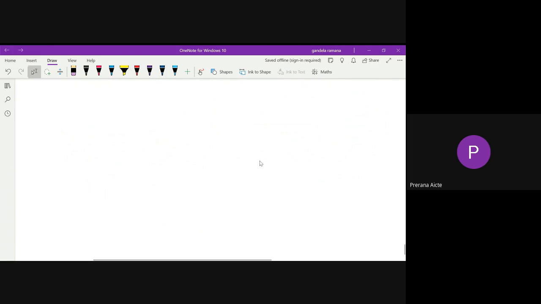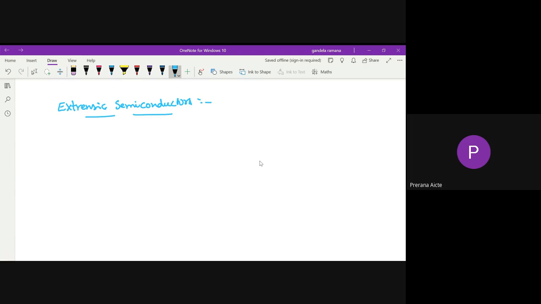Now extrinsic semiconductors. We know very well extrinsic semiconductors are of two types, N type and P type. Why do we go for extrinsic semiconductors?